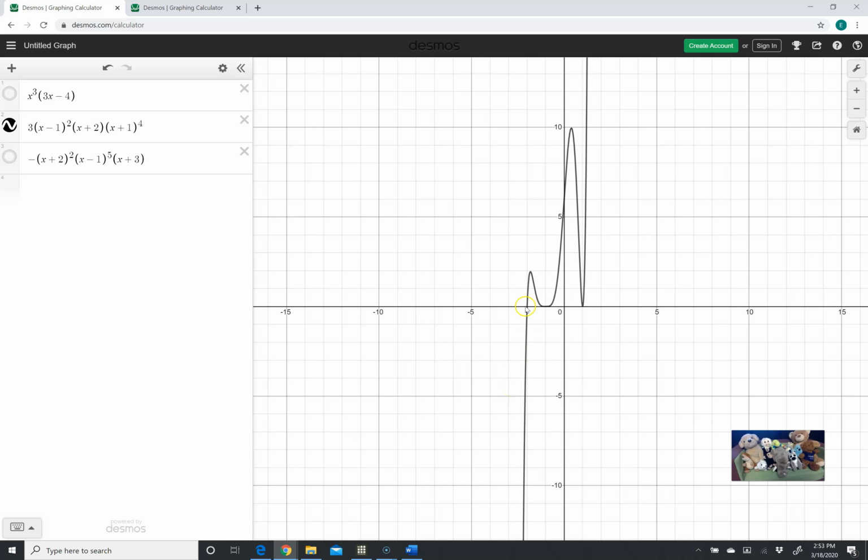We know that the roots are at -2, -1, and 1 because that's where it crosses the x-axis. And we know that the multiplicity at -2, even though we don't know what it is, we know it's odd. The multiplicity at 1 is even. And the multiplicity at -1 is even. So we don't know the exact equation, but we do know something about this graph.